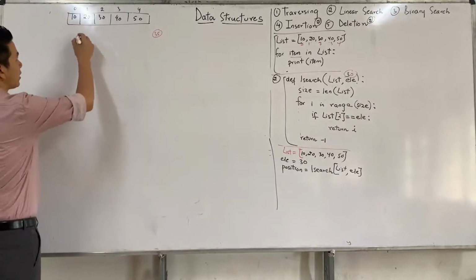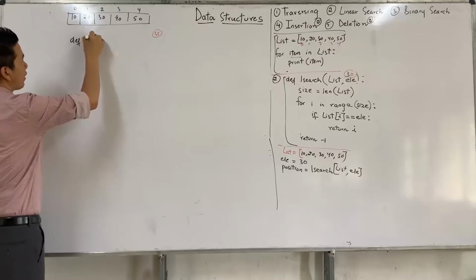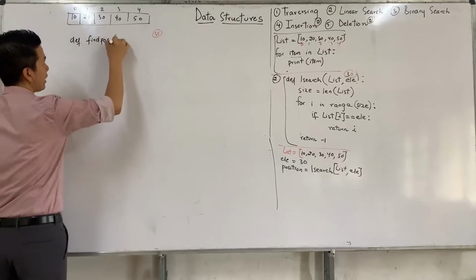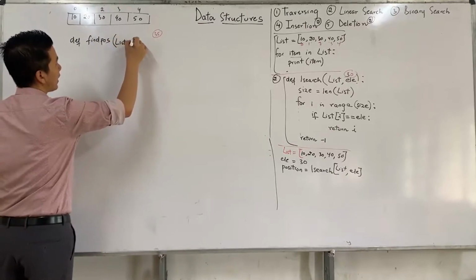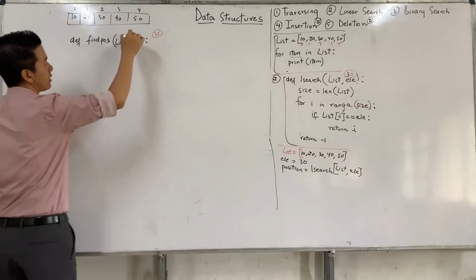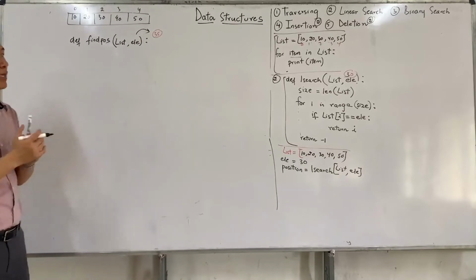I'll be writing the definition first. Say you have the def. The name of the function will be find position, and then you will have two arguments. The first one is list, and then ELE is the element that is to be inserted. In this case, it will be 35. So there are a few cases.